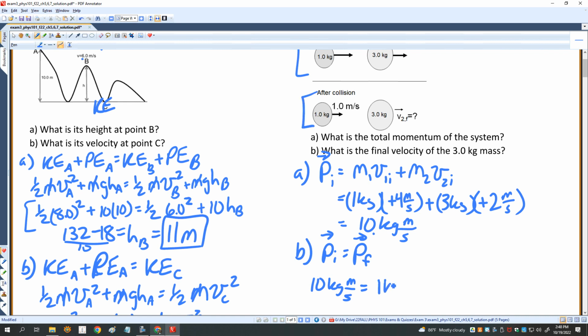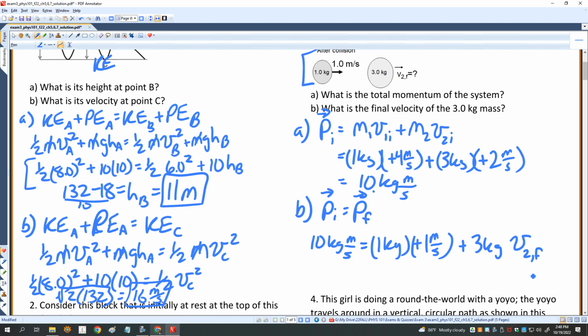That's going to be 1 kilogram times positive 1 meters per second plus 3 kilograms times V2 final. I'm solving for that V2f. So V2f is equal to 10 minus 1, 9, divided by 3, or 3 meters per second. It is positive, and that is the answer, and that makes sense.